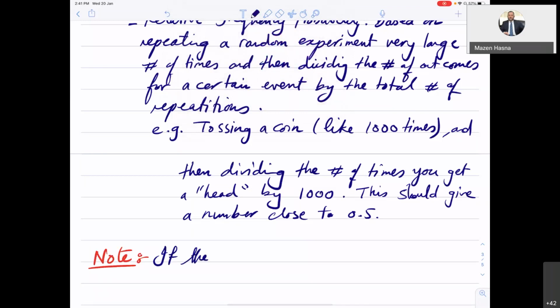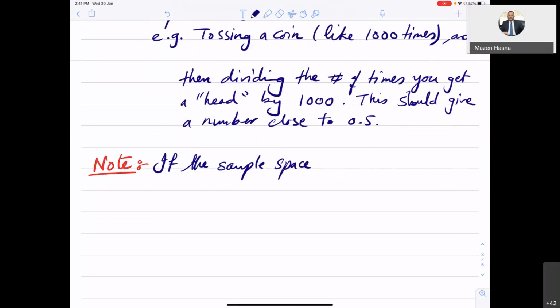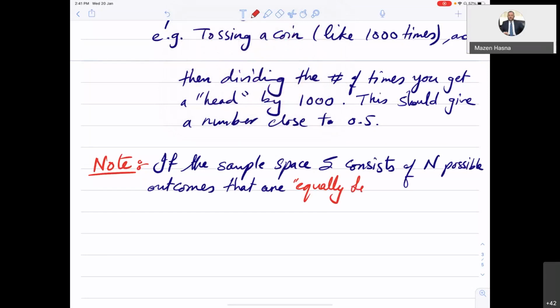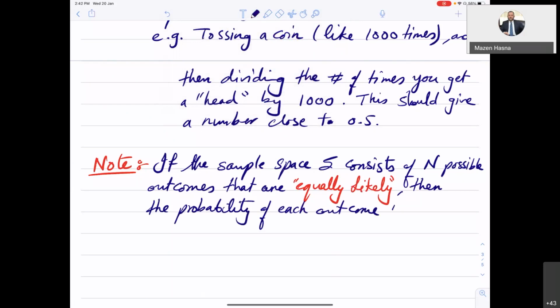If the sample space S consists of n possible outcomes that are equally likely, then the probability of each outcome is, and probably I use this again, 1 over n.